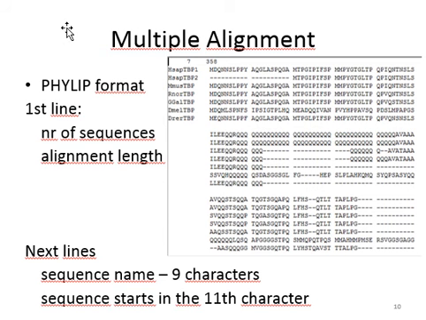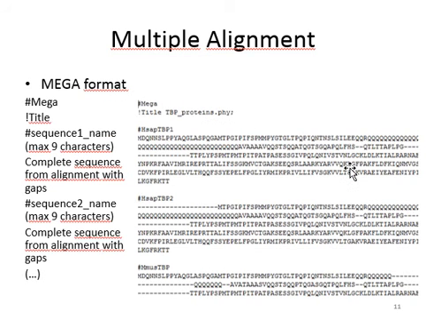And this multiple alignment format has a particularity because it has the number of sequences, the length of the alignment, and then you have only the names in the beginning, and they're cut with 9 characters, and the sequence starts at the 11th character. So you don't use long names for your proteins or genes in analysis when you prepare your FASTA format.